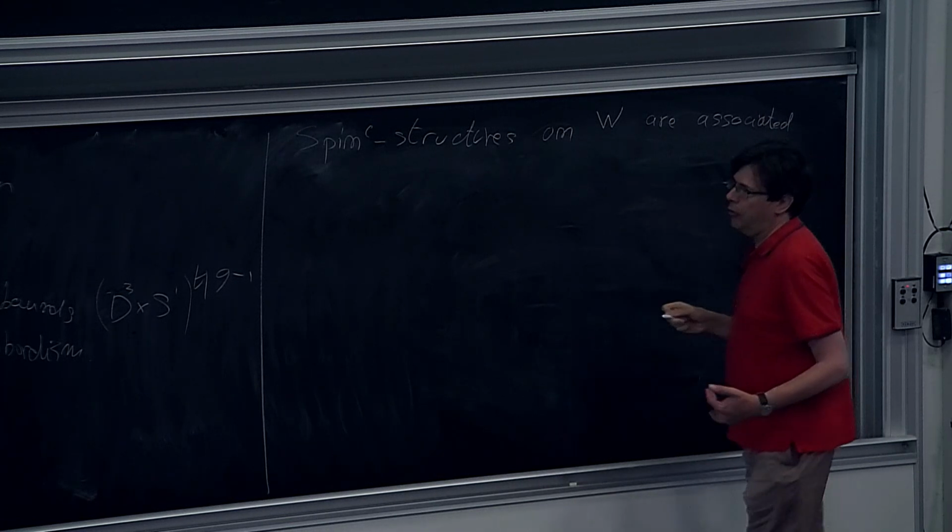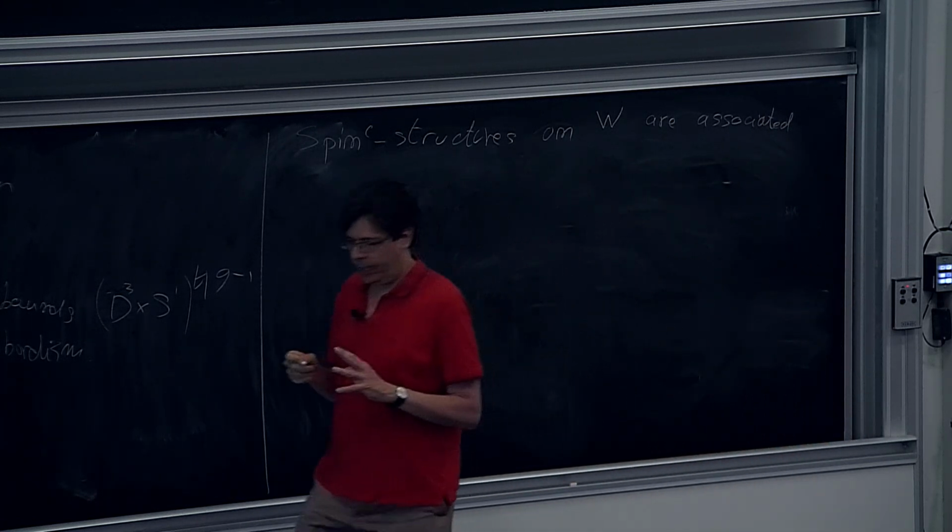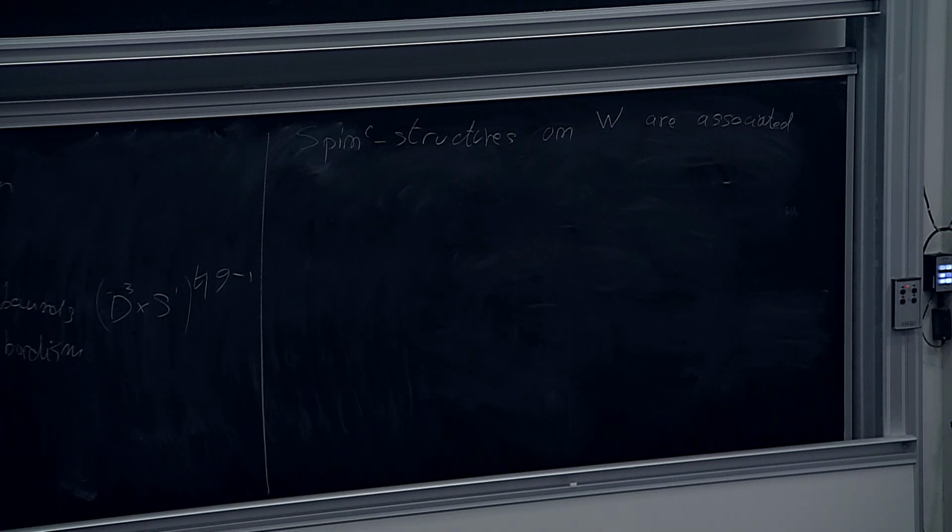So in the case of three-manifolds, spin-C structures were associated to Heegaard Floer generators.